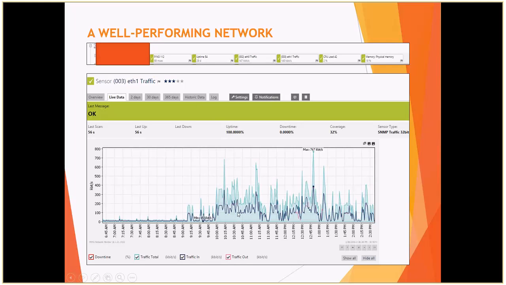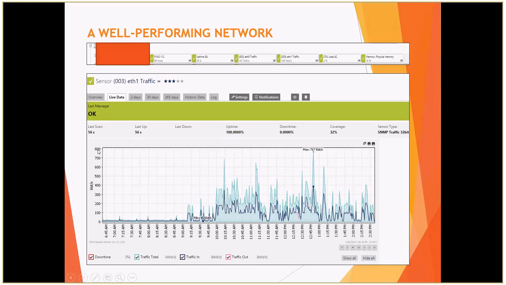And if you look at the graph below, you will see that even though this customer has 30 meg bandwidth, it's not using all of it.